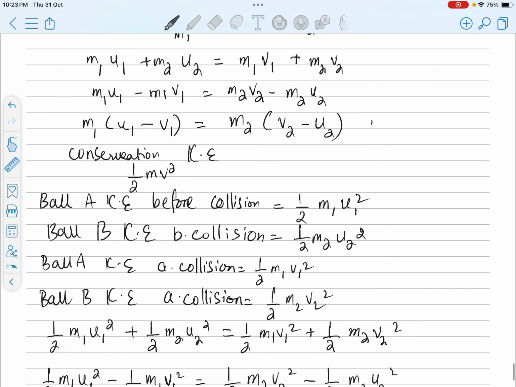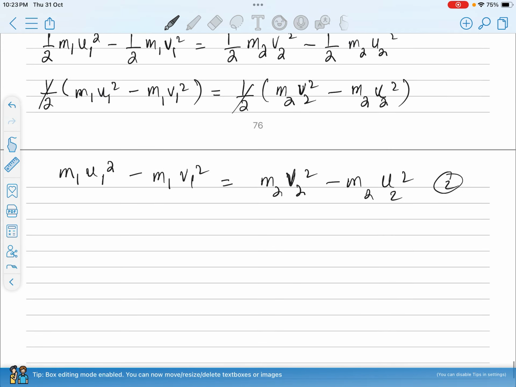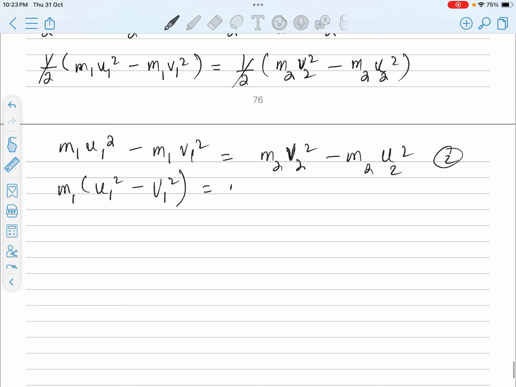Now m1 u1 square minus m1 v1 square equals m2 v2 square minus m2 u2 square. This is equation 2. I take m1 common, u1 square minus v1 square, m2 v2 square minus u2 square.